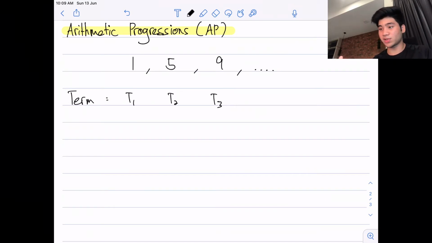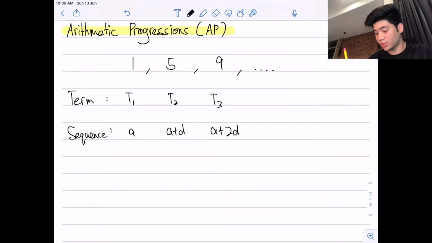Now, if I were to say this was a sequence, in sequence form, I would label this as A, A plus D, and then A plus 2D, and so on and so forth. So if I was, say, looking for the fourth term, it would be A plus 3D.